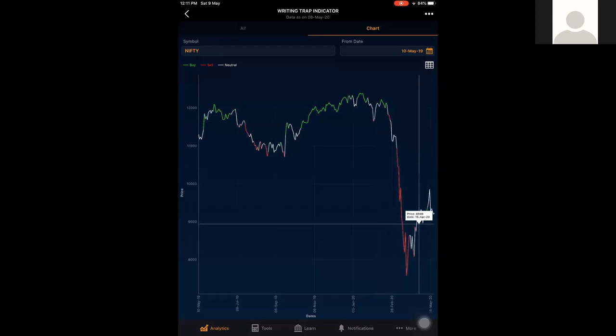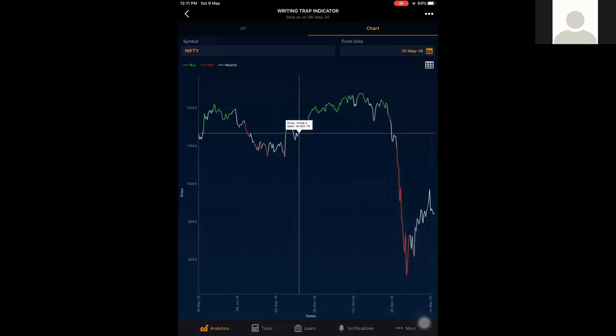Okay, so this is for the Nifty. On the Nifty, the short signal came at 10,900 on 6th March. It got covered on 26th March at 8,630. And after that, we had one or two instances where the short came, and the rest was a no-trade zone.